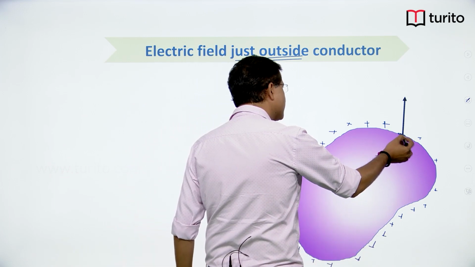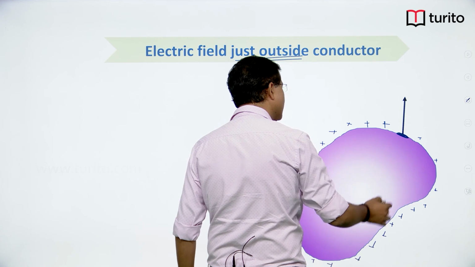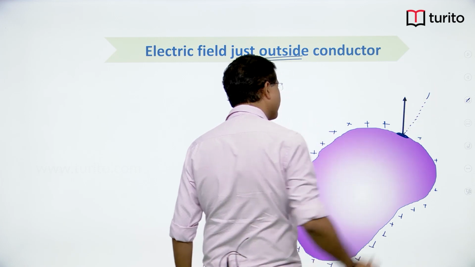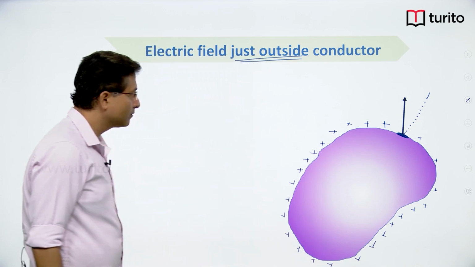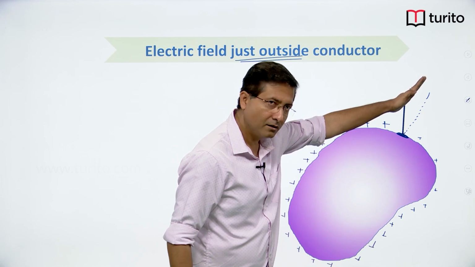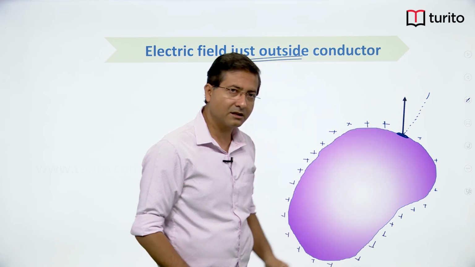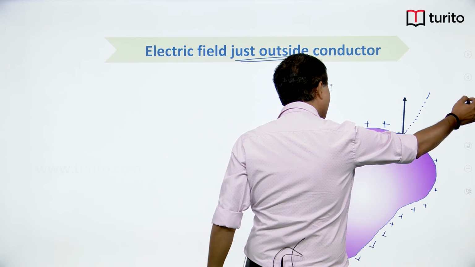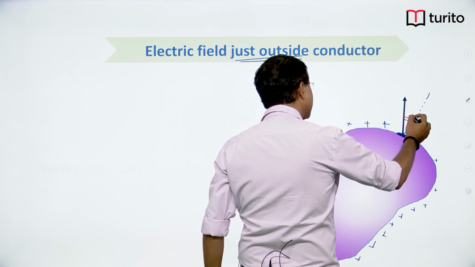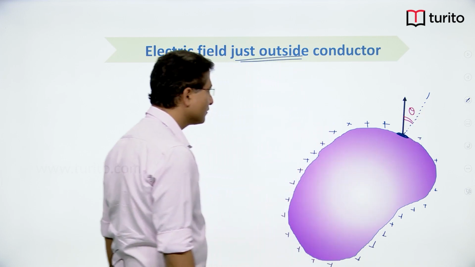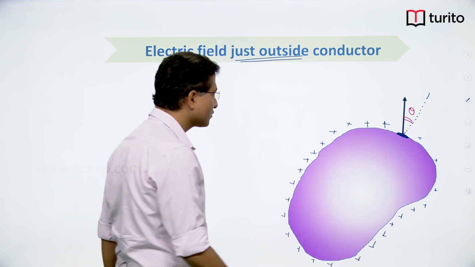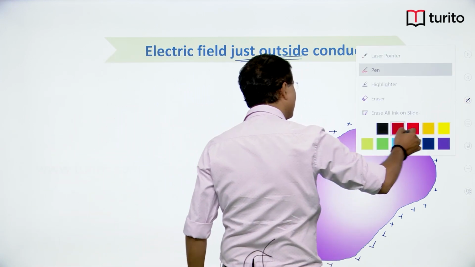So, on this surface I will draw the perpendicular, right. Here on the surface I have drawn the normal this way and say the field is in this direction. If I assume that the field is making angle theta, you can see there will be two components of the field.